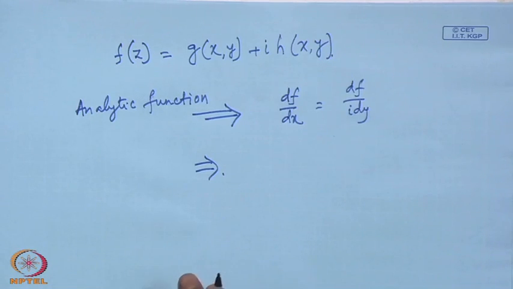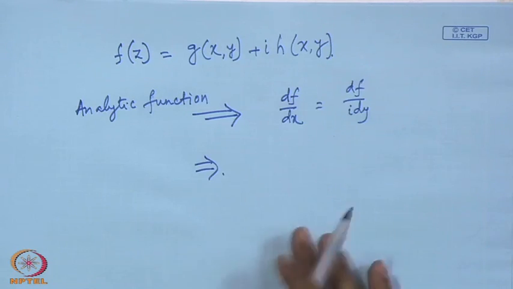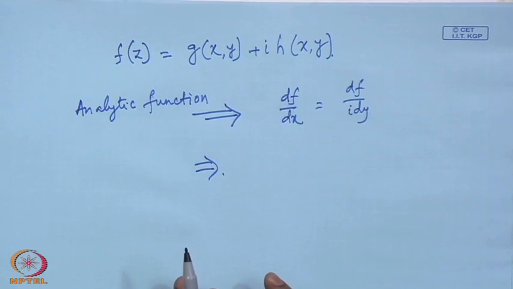What is df dx? dg dx plus I dh dx, and what is that 1 by I df dy?